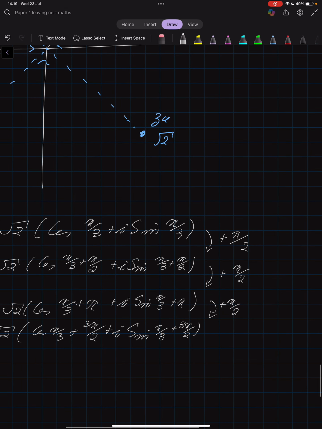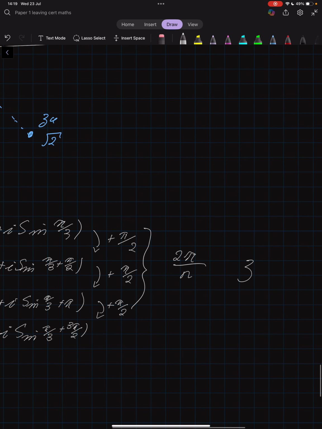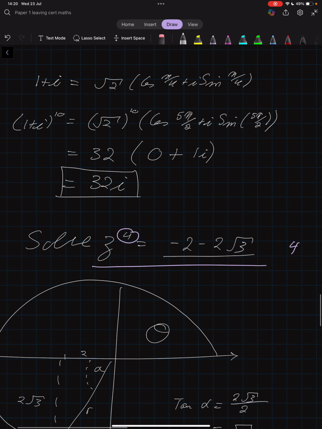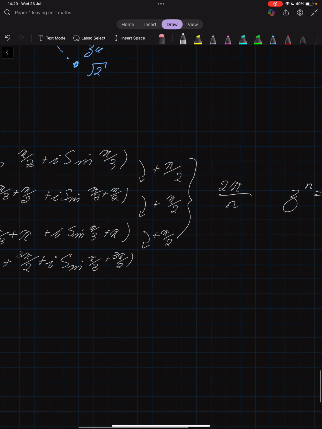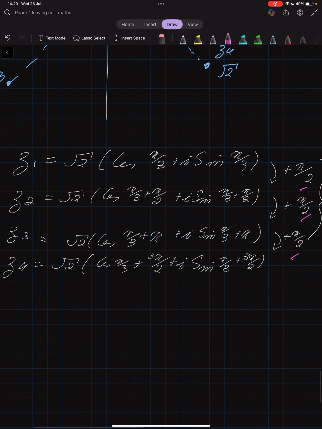And the way you decide what this number should be, it's simply 2 pi divided by n, where n is the z to the n equals whatever. So in this case, we have z to the 4. Back up here, and therefore you add on 2 pi divided by 4. 2 pi over 4 is just simply pi over 2. And that's where these come from. And you keep doing it.